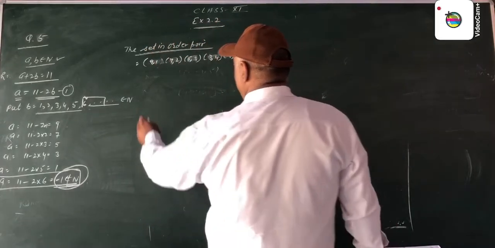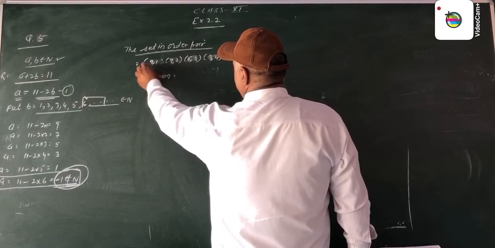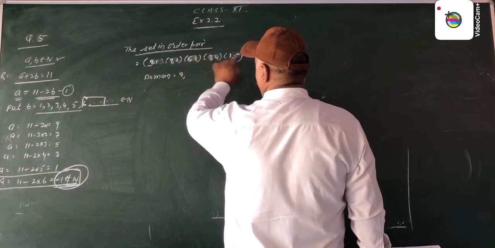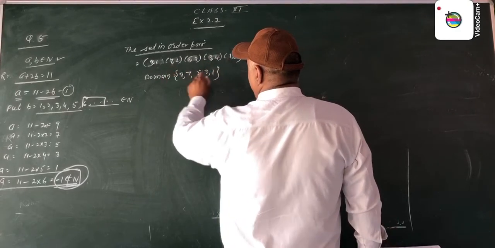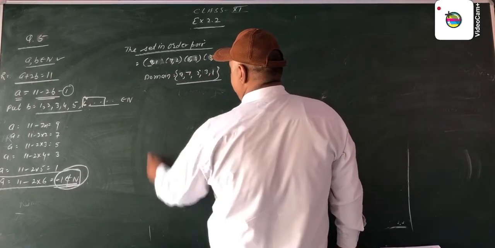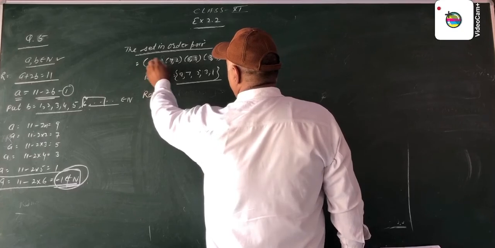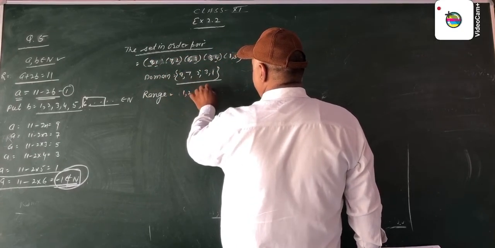Now we find the domain of this set. The domain is the first components 9, 7, 5, 3, 1. And the range of this set is the second components of R, 1 2 3 4 5.